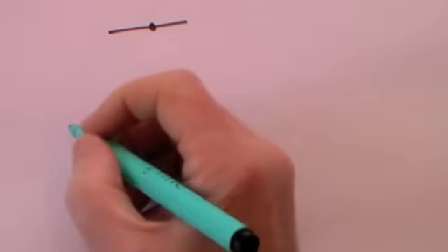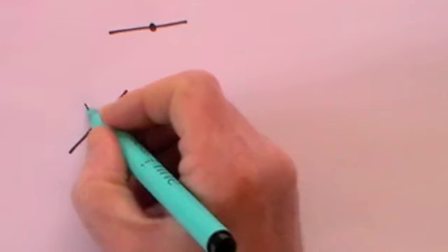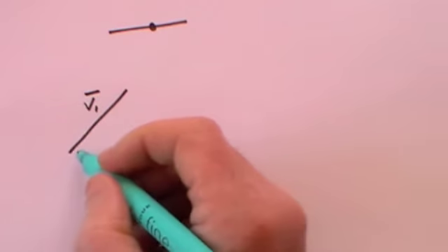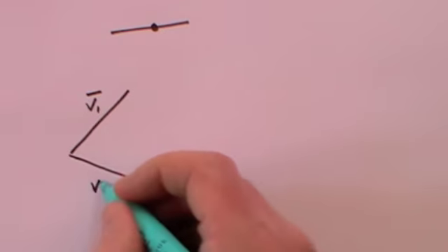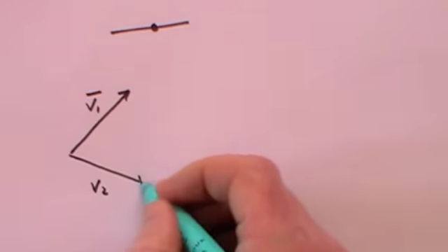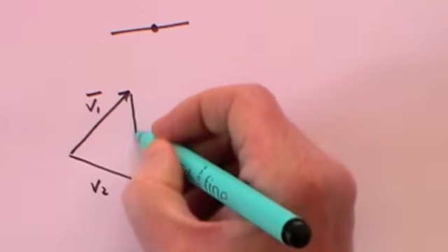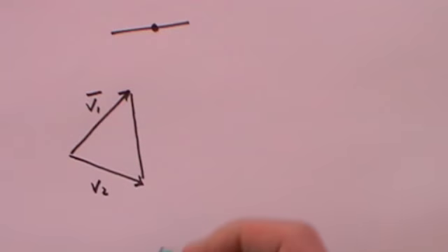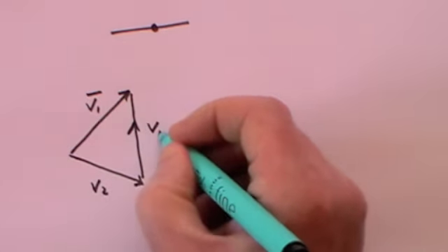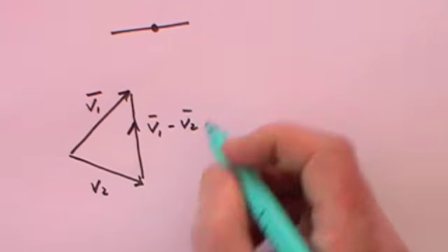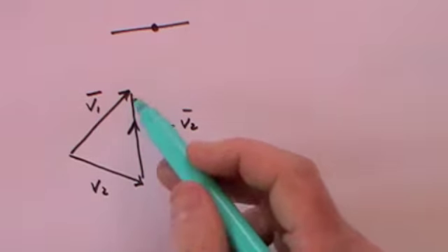So now let's deal with vector subtraction. Here is a vector v1, and here is a vector v2. That's in that direction, that's in that direction. I'm going to show you that the subtracted vector v1 minus v2 is the resultant vector in this direction.